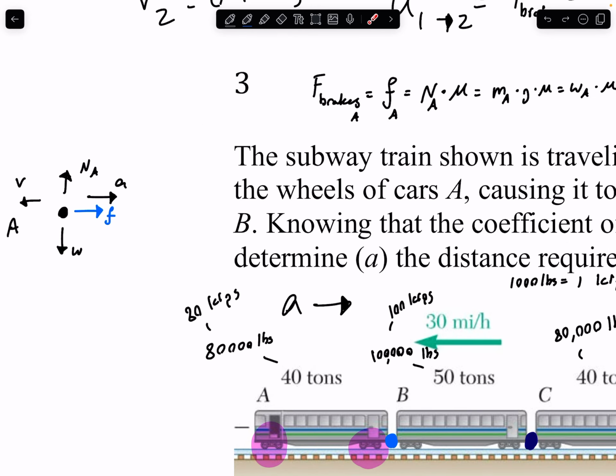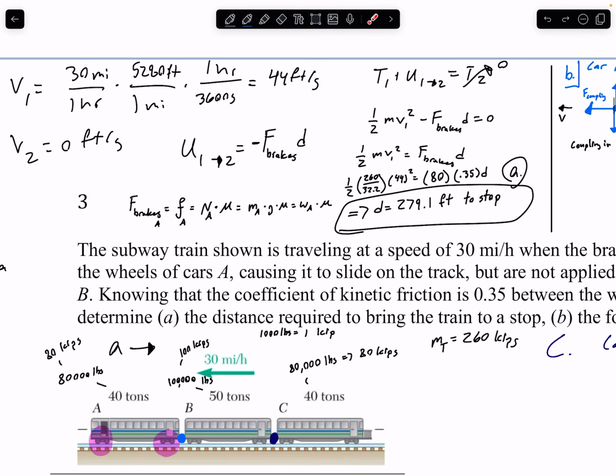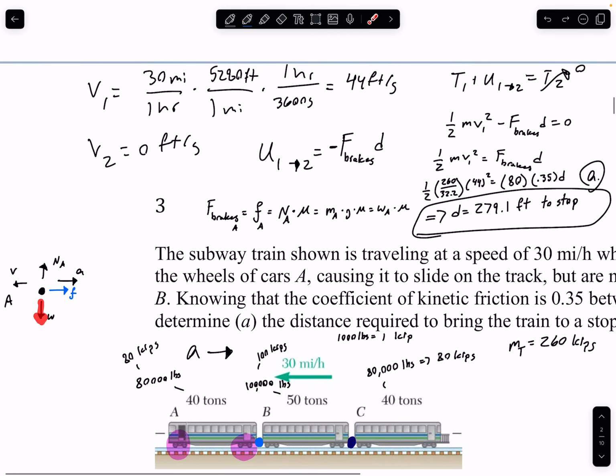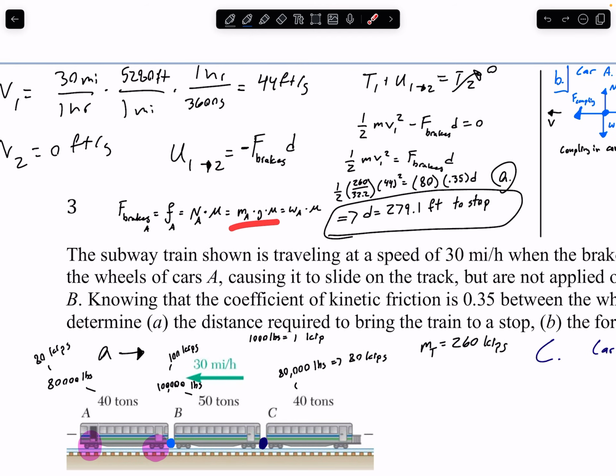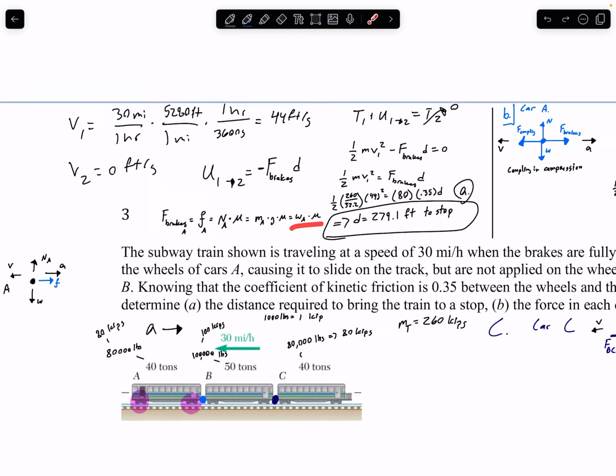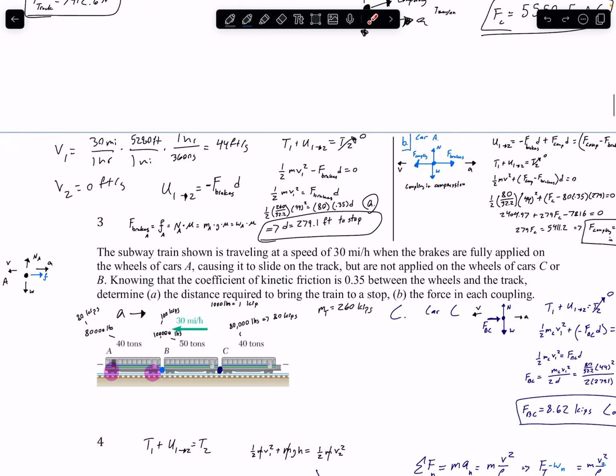Here I have a little free body diagram of car A, and we know that we have friction going that way, velocity is going that way, we have the normal force of A and the weight of A. And so we know that the force of the brakes is equal to the force of friction, which is equal to the normal force of A times mu, which is the mass times gravity times mu, or just the weight.